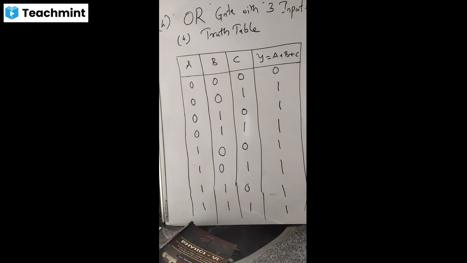Number of inputs increase, possibilities increase. And the question is, if you write 4 inputs, how many possibilities? 4 inputs, how many possibilities? 16 possibilities. Okay. So that you can practice.